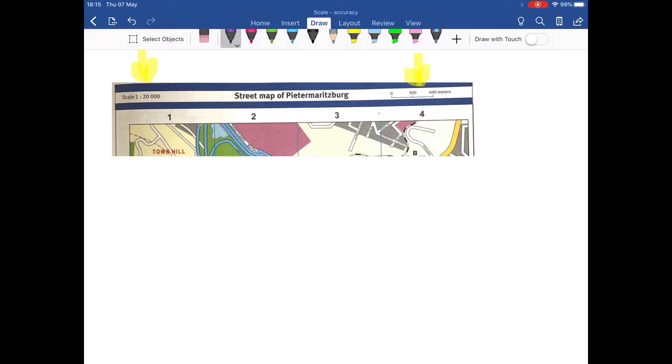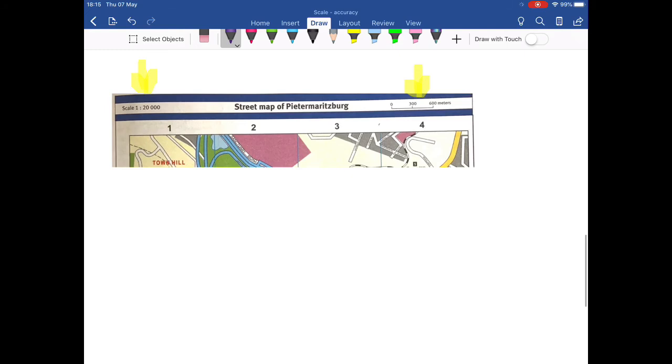So if I took my ruler and I measured this on the scale, I did measure it in the book, you will see that on the ruler that is 2 centimeters long. And remember, if you are stuck with scale, always start with paper to reality. And you can wiggle your way to the final answer or the type of thing that they want.